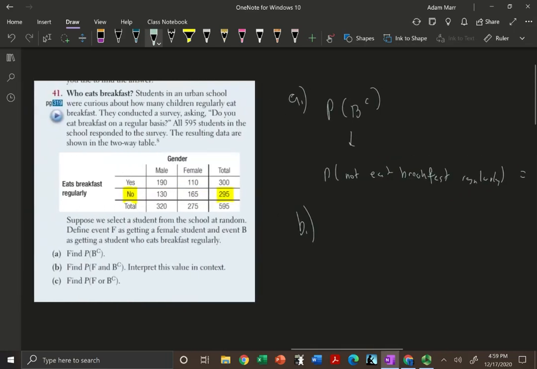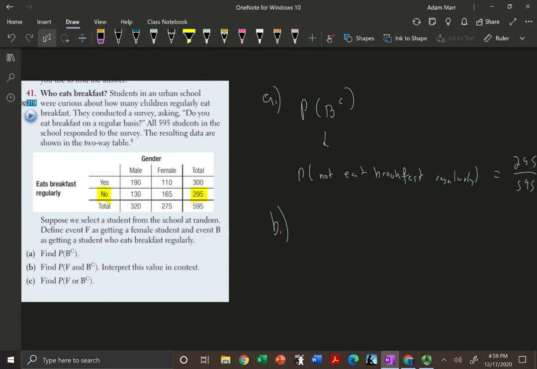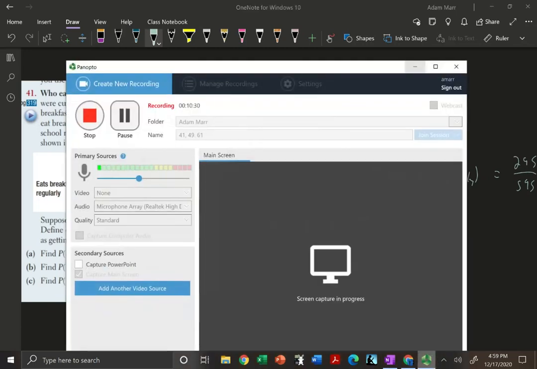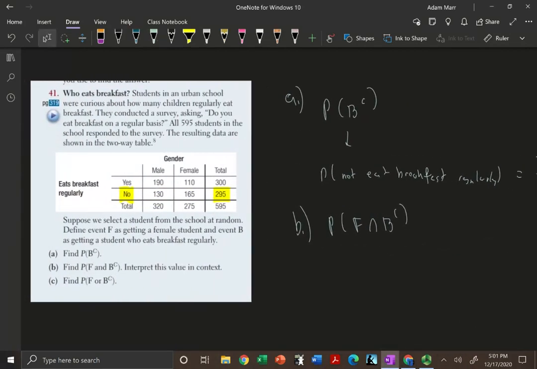Part B, find the probability of F and B complement, interpret this value. So this one we are interpreting, right? So this is right here, F and B complement. So right here we're doing the probability of female and breakfast complement. That means they're female and they do not eat breakfast.